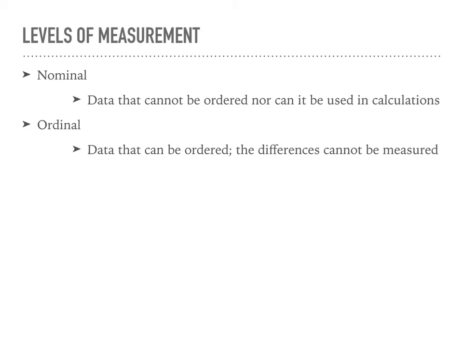There's freshman, sophomore, junior, and senior. And there's an order to it, right? Freshmen, then sophomores, then juniors, and then seniors are at the top. So nominal and ordinal, we typically think of these as being qualitative data.